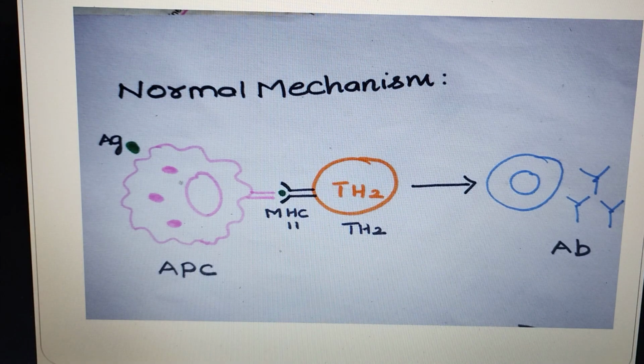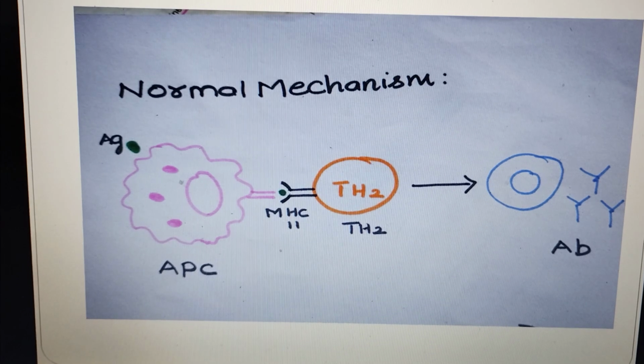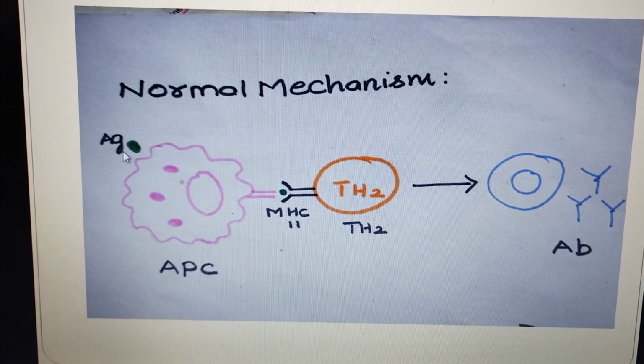This is what I explained already. The antigen enters our body, gets processed by antigen presenting cells, and then it will bind to the V beta receptor of the T cell receptor.